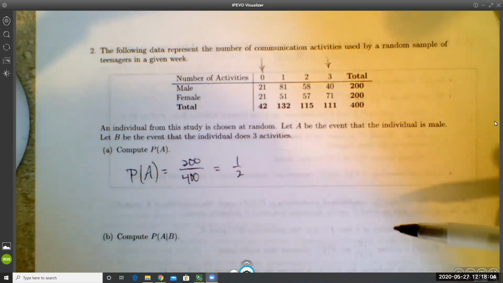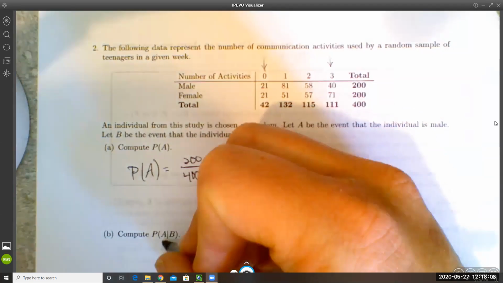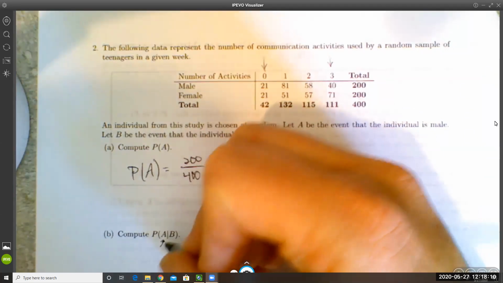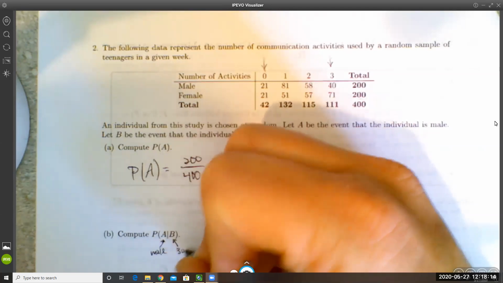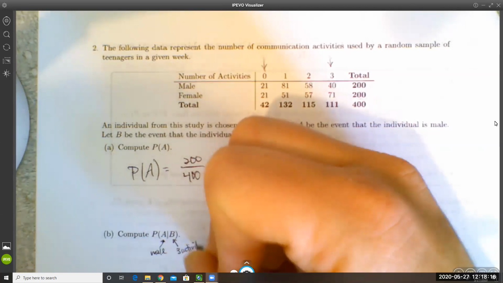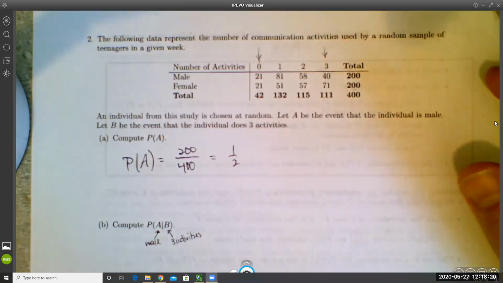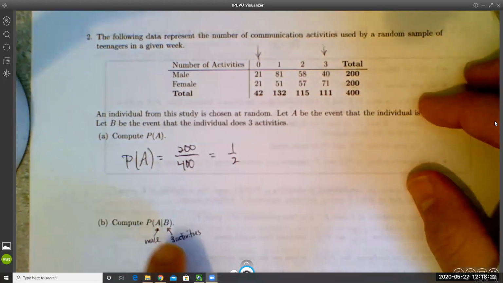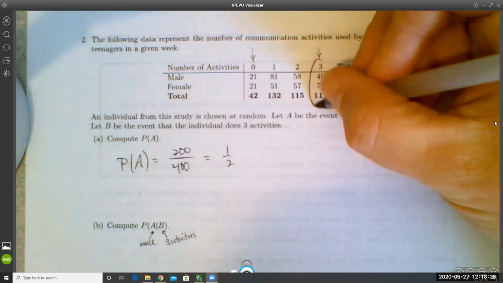Part B says, compute probability of A given B. So probability that they're male, given that they did 3 activities. Given that they did 3 activities, that means we're restricting ourselves to this column.